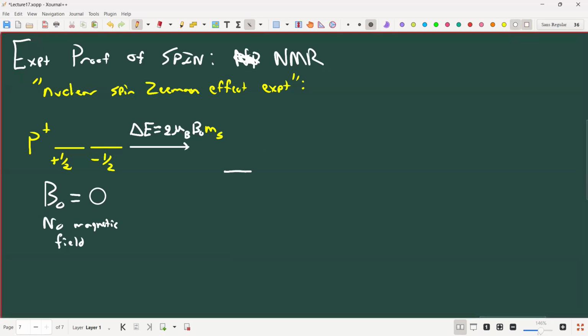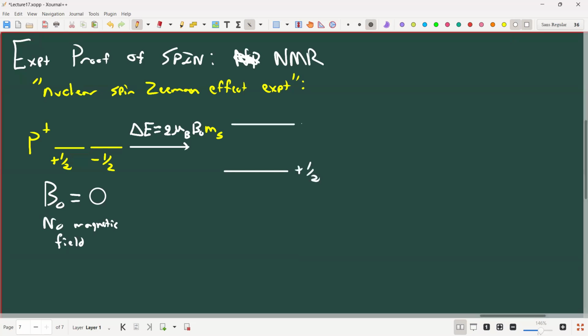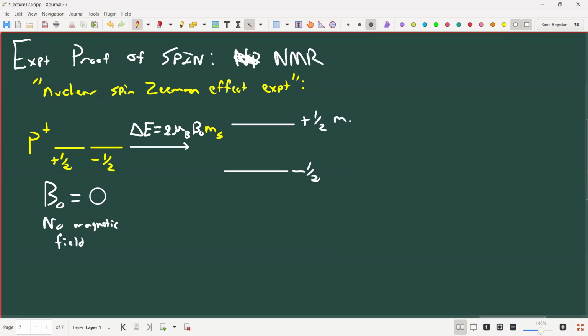And an electron, and you get a state now of minus 1/2 at low energy, and plus 1/2 at high energy. This is M sub S for the proton.